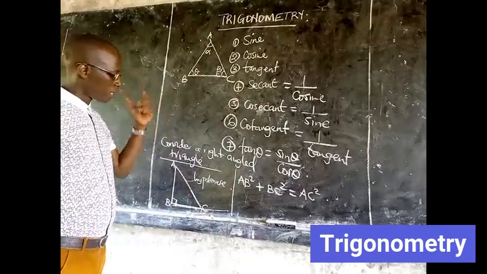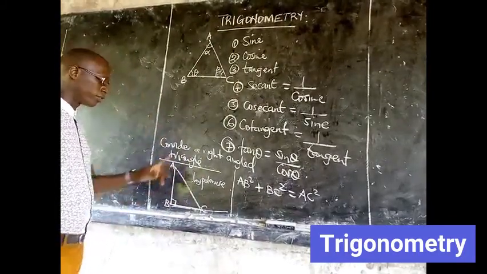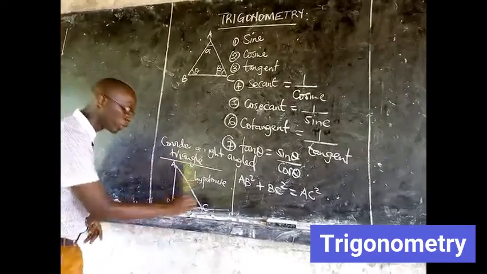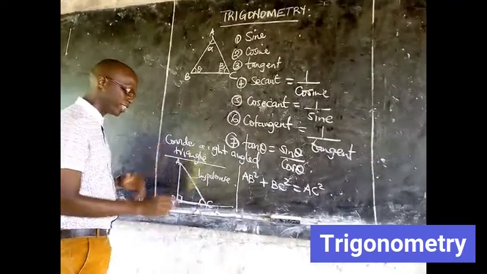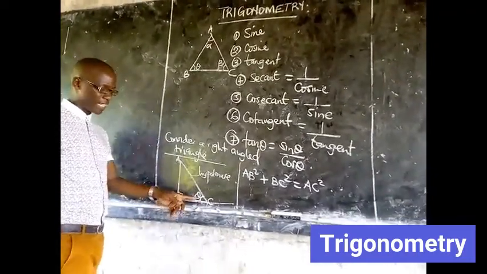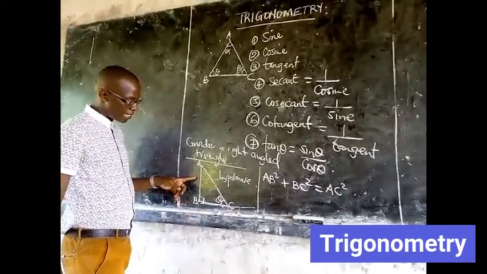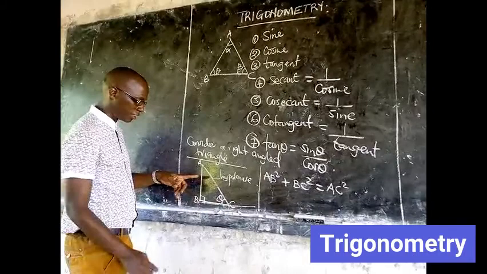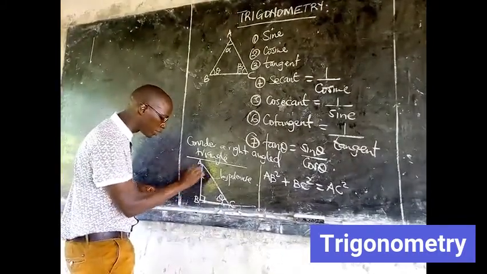Now, in a right-angled triangle, of course this is always the hypotenuse, we may have another interior angle. Let theta be here. When theta is here, this side, where the angle is facing, becomes the opposite side of the angle.